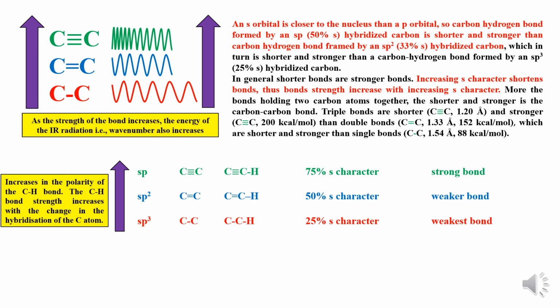Because of the strong attraction between the positively charged protons present in the nucleus and the electrons of the hydrogen atom. There is only one electron in the hydrogen atom, and that electron will be attracted more towards the nucleus of the carbon atom. So increasing s character shortens the bonds, and thus bond strength increases with increasing s character.